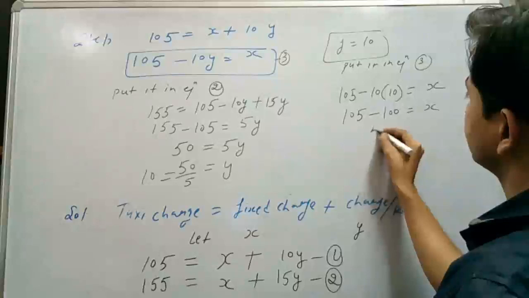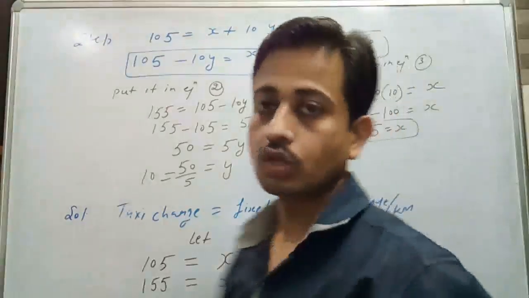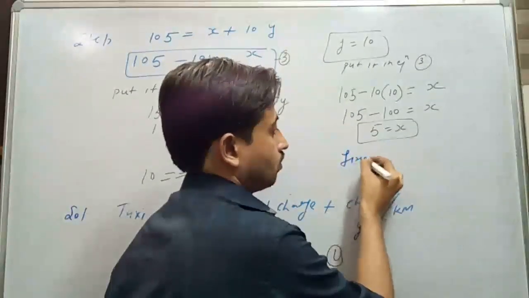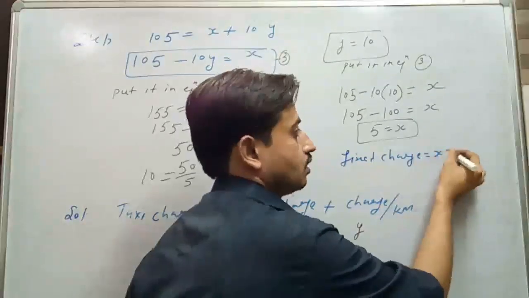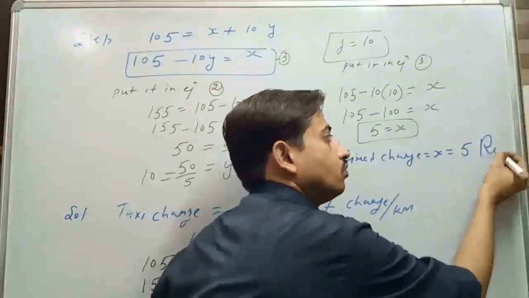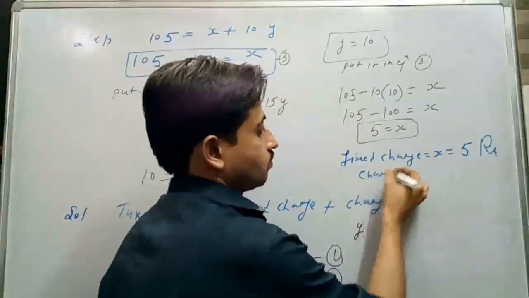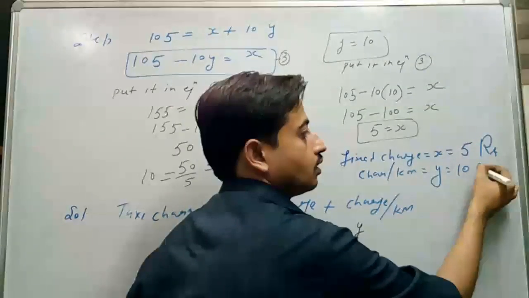So what will we get? 5. So what's the answer now? The fixed charge, that is x, is 5 rupees, and the charge per kilometer, which is y, is 10 rupees.